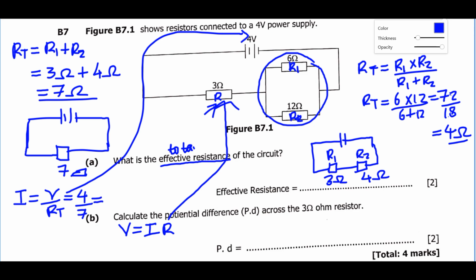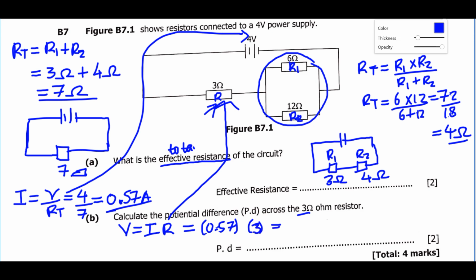4 divided by 7 gives me 0.57 amps. So we are going to say 0.57 times the resistance, which is 3.